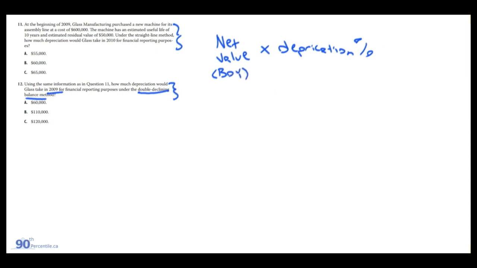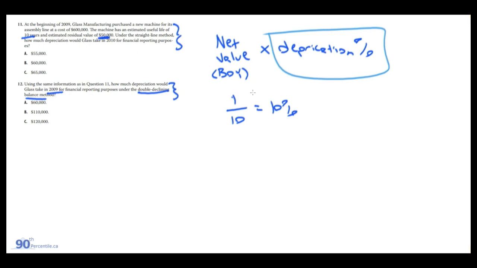To get this depreciation percentage, we can take the useful life that we had up here from the straight line and go 1 over 10, take the reciprocal. So using the straight line, we're effectively taking 10% depreciation every year, and that's not accounting for the residual value, because in the double declining method, we don't, you can see up here, there's no residual value.